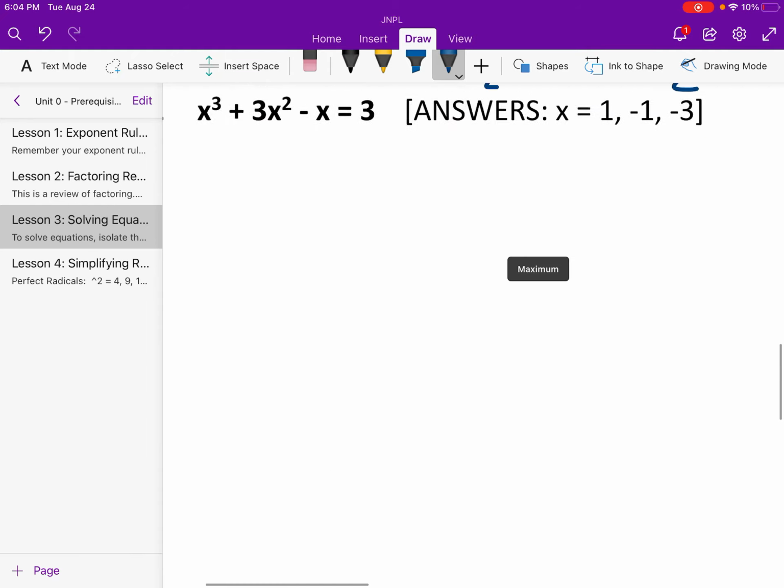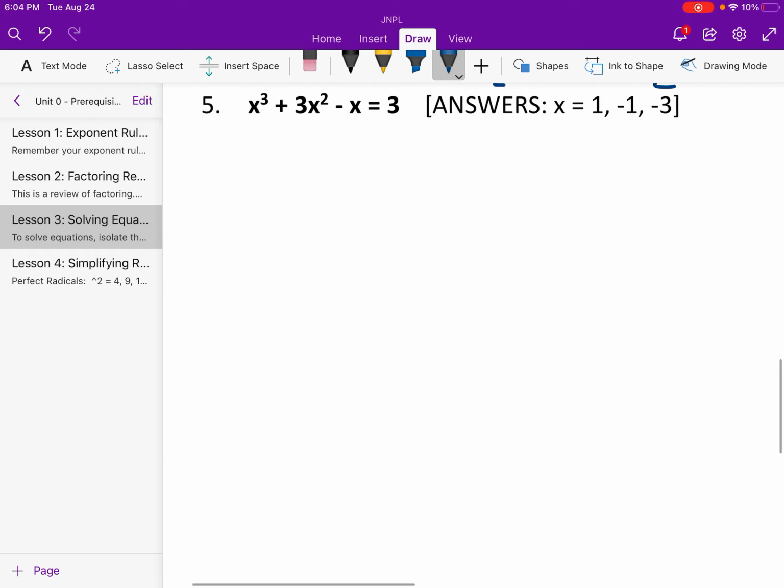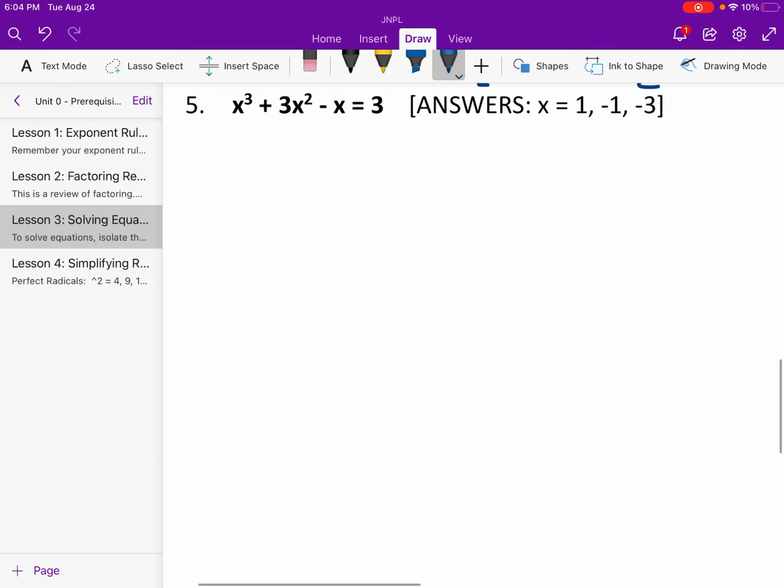Last one, this one. Since our highest exponent, or the degree, is 3, we should get 3 solutions. Alright, we should solve this by factoring. So we should make it equal to 0 on that side, so make the 3 go on the other side. And it's like this.